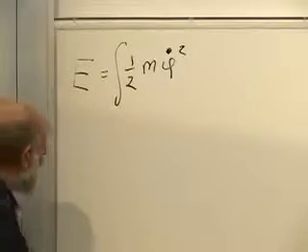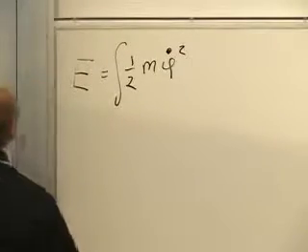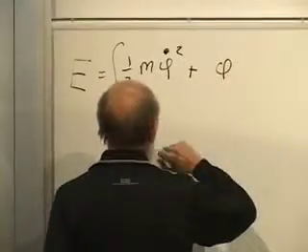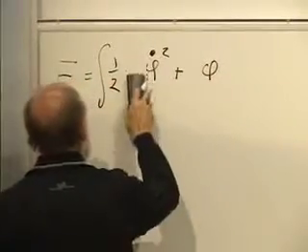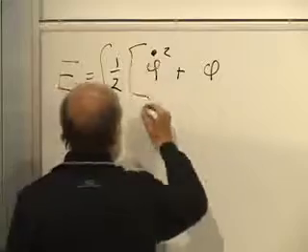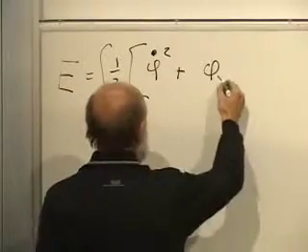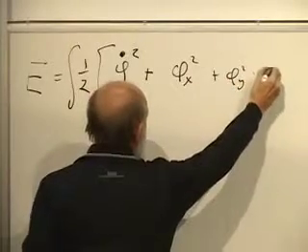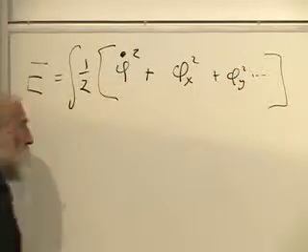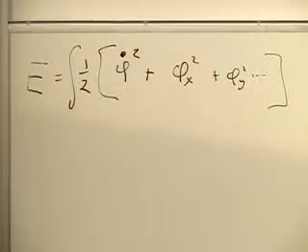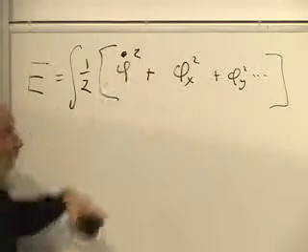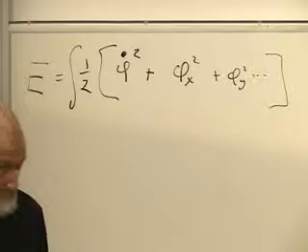Kinetic energy plus potential energy, and that means plus, in this case, phi sub x squared, and if you like, plus phi y squared, and so on. In other words, it's the sum of the square of the time derivative and the space derivatives. That's the total energy. Notice that it's always positive or 0.